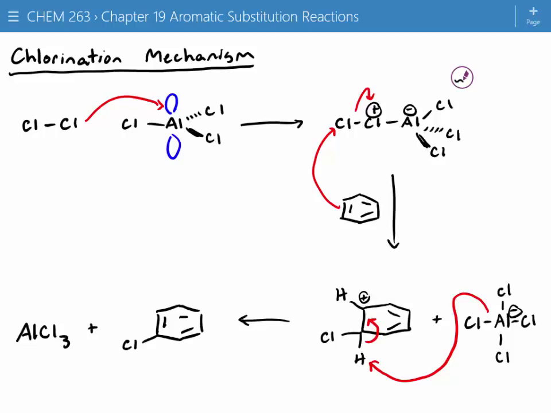So a very, very similar mechanism. We'll see aluminum trichloride with a couple other reactions too, because it is such an awesome Lewis acid. It loves taking electrons from other things.